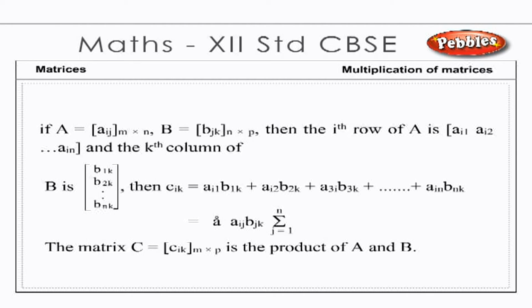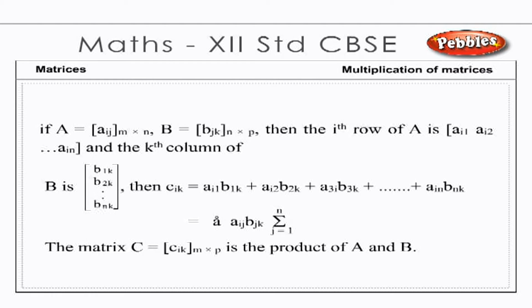Then cik = ai1 b1k + ai2 b2k + ai3 b3k + ... + ain bnk = Σ (j = 1 to n) aij bjk.